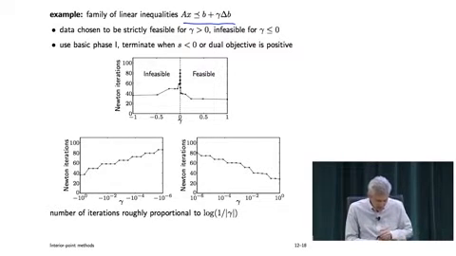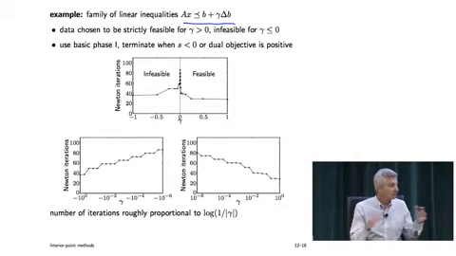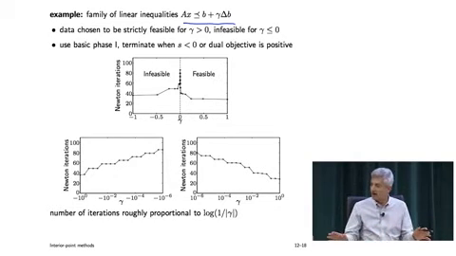So what happens? It turns out it's extremely difficult to create a problem that will actually be hard for phase one to determine feasibility or infeasibility. Anything that will come up in practice will work just fine. It'll be 10, 20 steps, it'll be all over. Period.